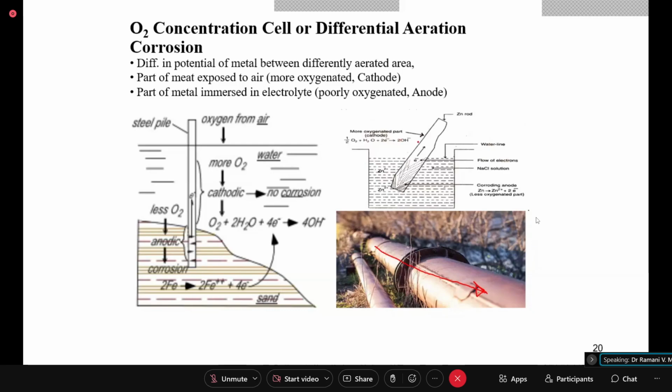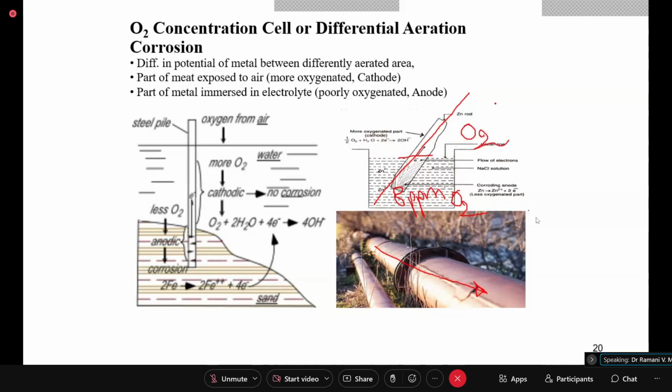Or consider a metal plate placed inclined in a water tank. Now half of the metal is in contact with water, and this water contains around 8 ppm of dissolved oxygen. This we very well know. We have determined dissolved oxygen.